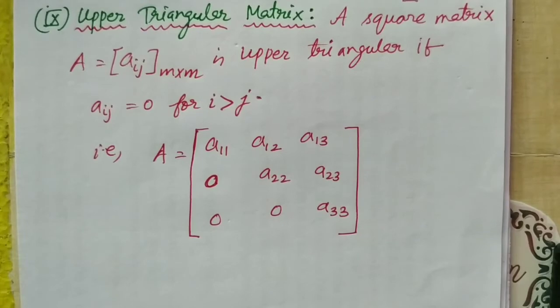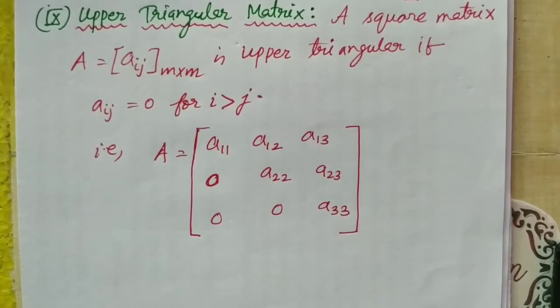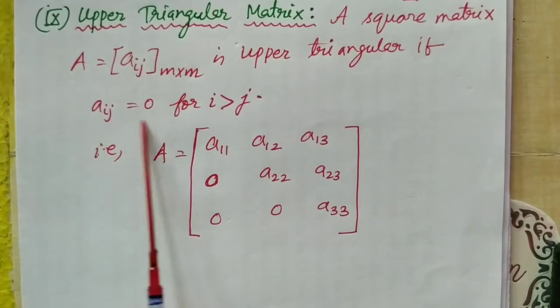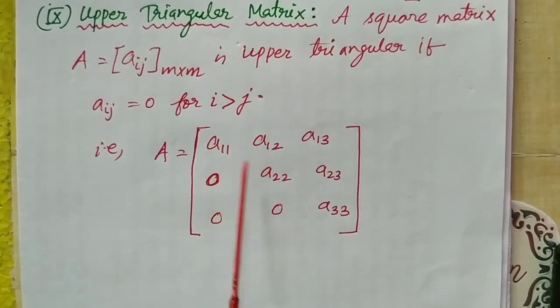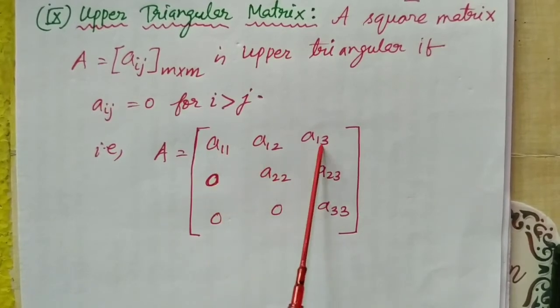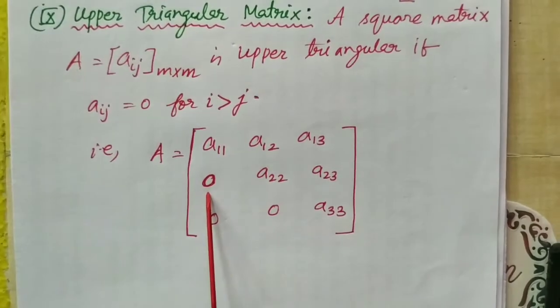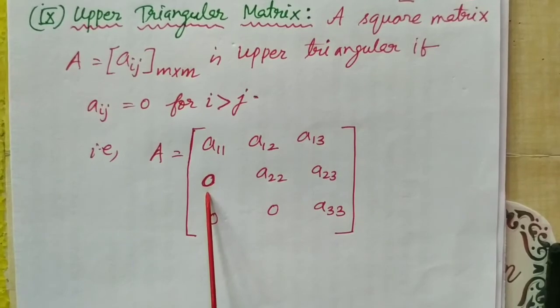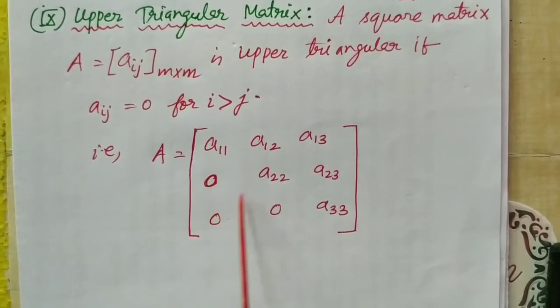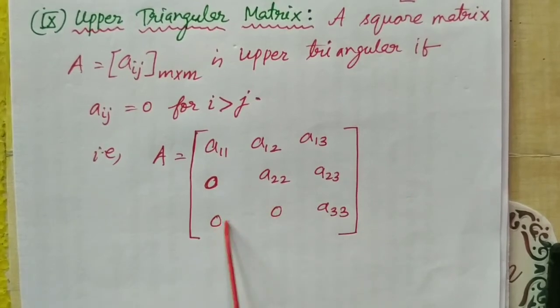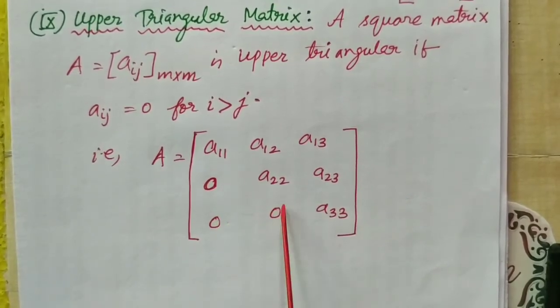Next is upper triangular matrix. In an upper triangular matrix, the condition is that aij equals 0 when i is greater than j. For example, a11, a12, a13, a21. For a21, 2 is more than 1, so i is more than j, so this is 0. In this place, again a31 will be 0, a32 will be 0.